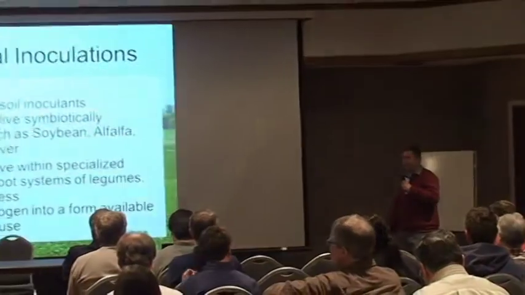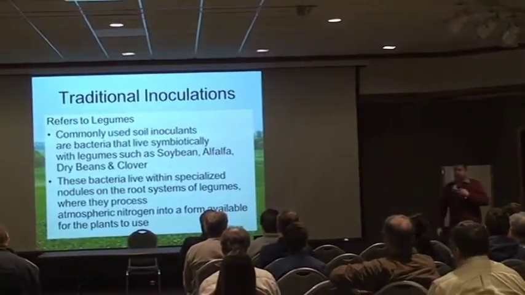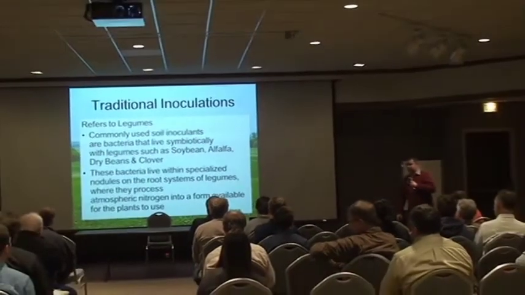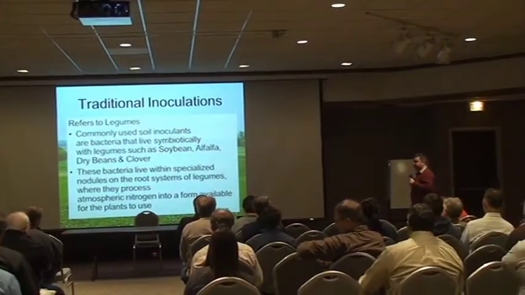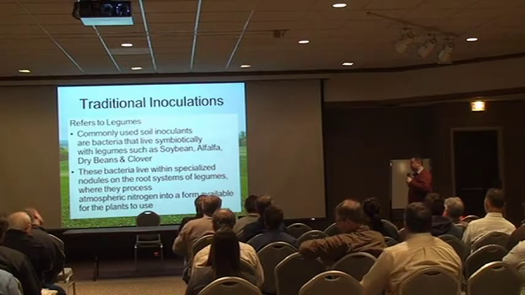So these bacteria live within a specialized structure called a root nodule, and it's a place where they can process atmospheric nitrogen and give it in an available form to the plant. Nitrogen is a much needed nutrient in crop production, and soybeans especially have a tremendous need for nitrogen, and we'll talk about that a little bit later.